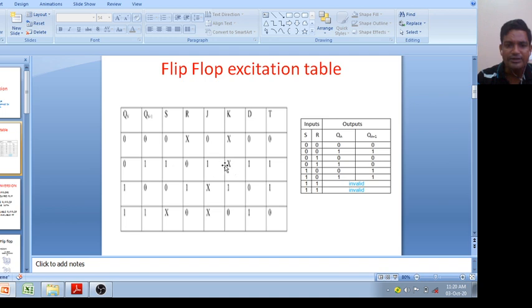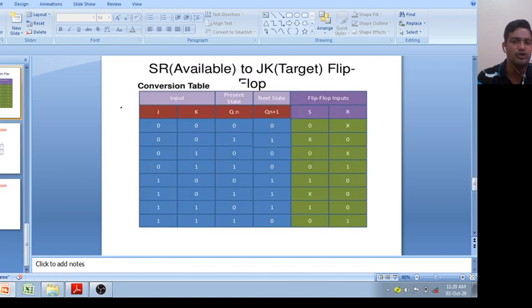Now in the case of 0 1, there will be two possible cases, when Qn is 0 and Qn plus 1 is 1. Go to the characteristics table of the JK flip-flop.